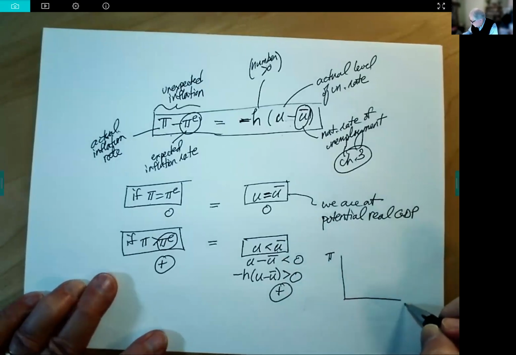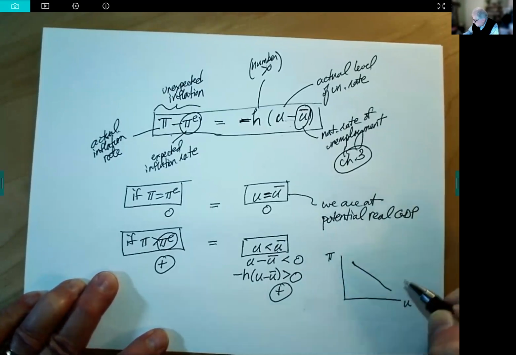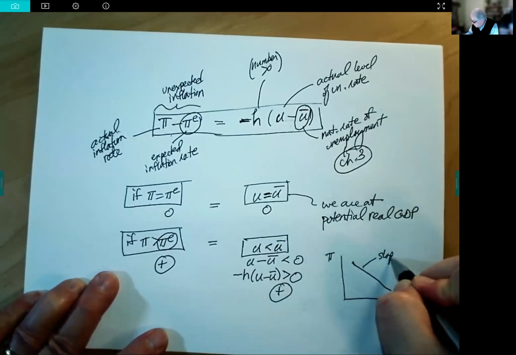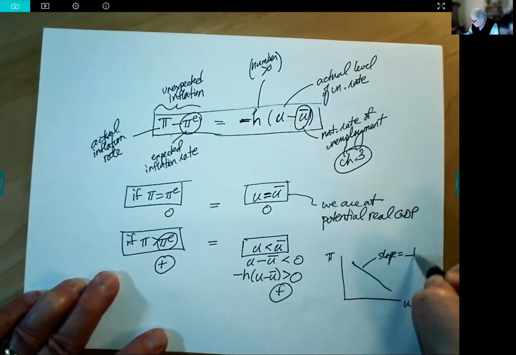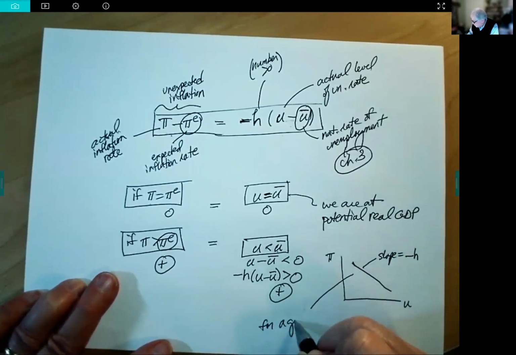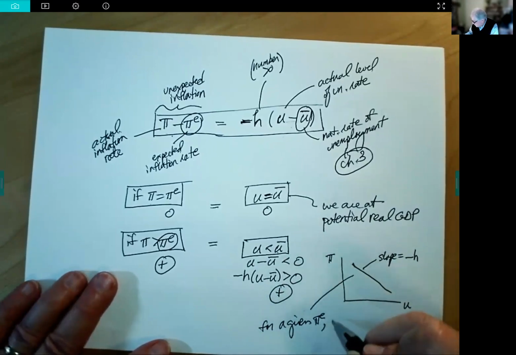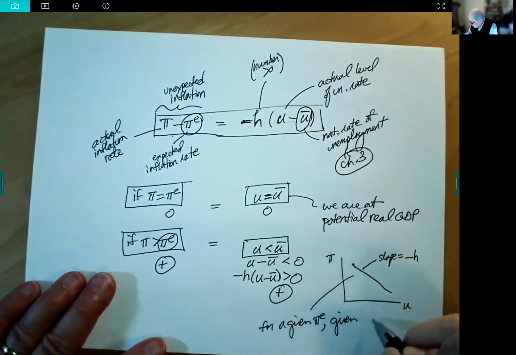Inflation, unemployment looks like this, with a slope of minus H. That's for a given expected inflation and a given level of the natural rate of unemployment.